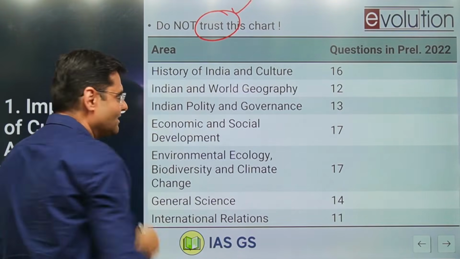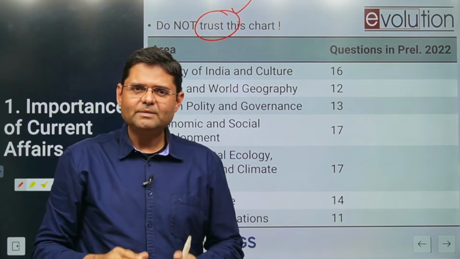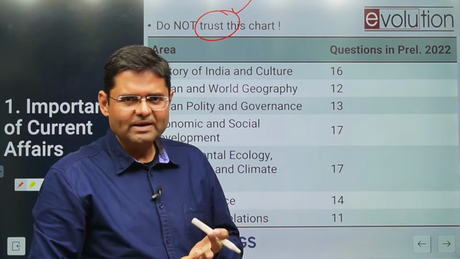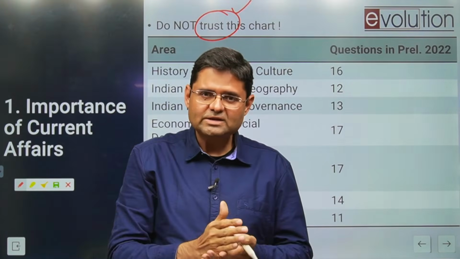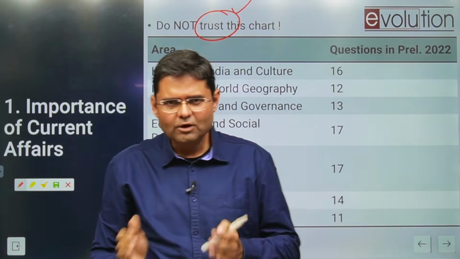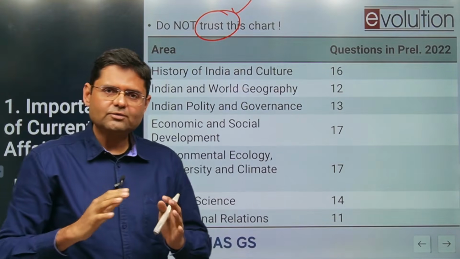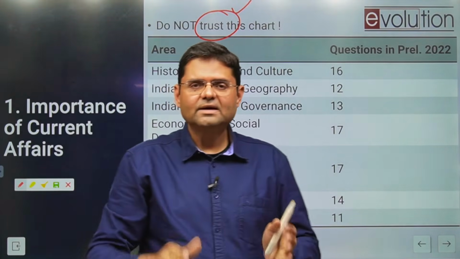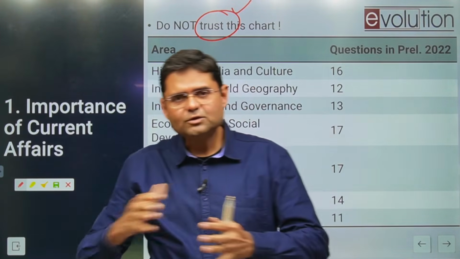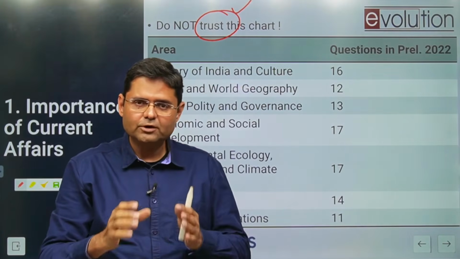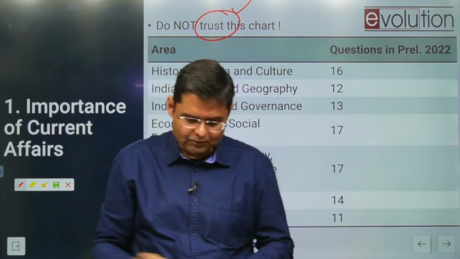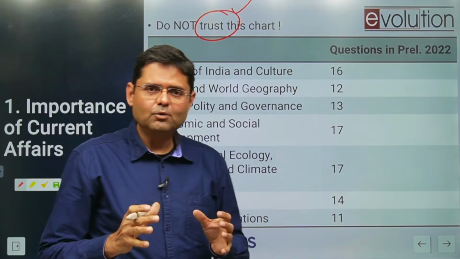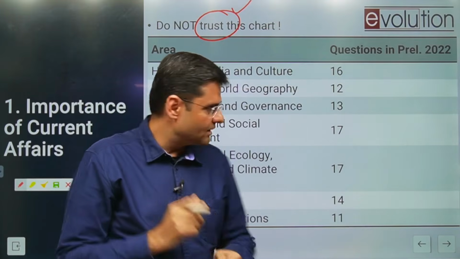Because this is the chart you would have seen in so many analyses, various websites, various magazines, various books which come for the prelim PYQ, and all of them try to give you some sort of analysis that from this area these many questions were asked, and based on this, these are the most important areas for you to cover and revise, so on and so forth. But do not trust this one. I'll show you a more reliable one in the next slide.